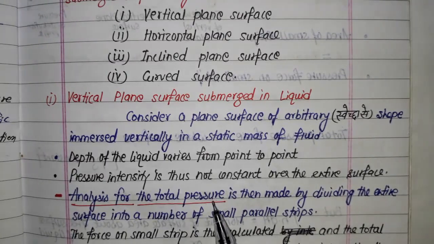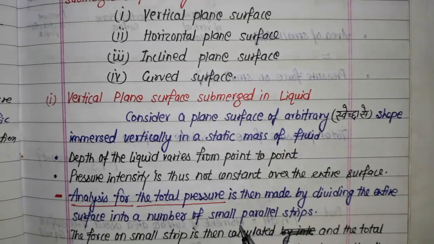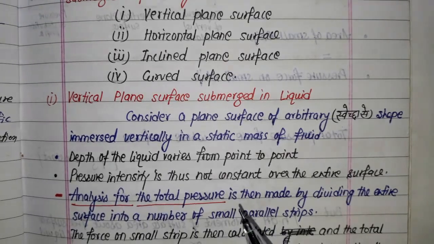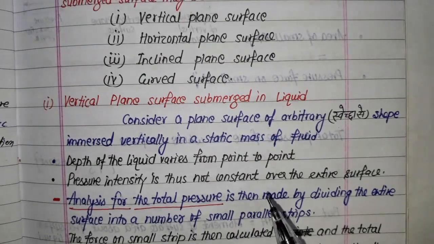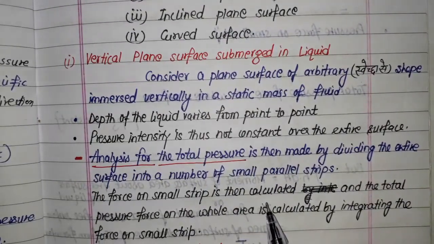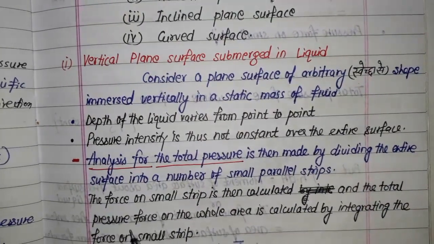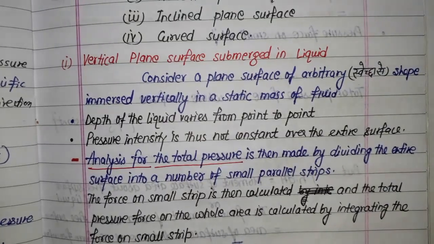If we find the pressure force on a single strip, then we can find the pressure force on the whole area. So the force on a small strip is calculated, and the total pressure force on the whole area is calculated by integrating the force on the small strip.